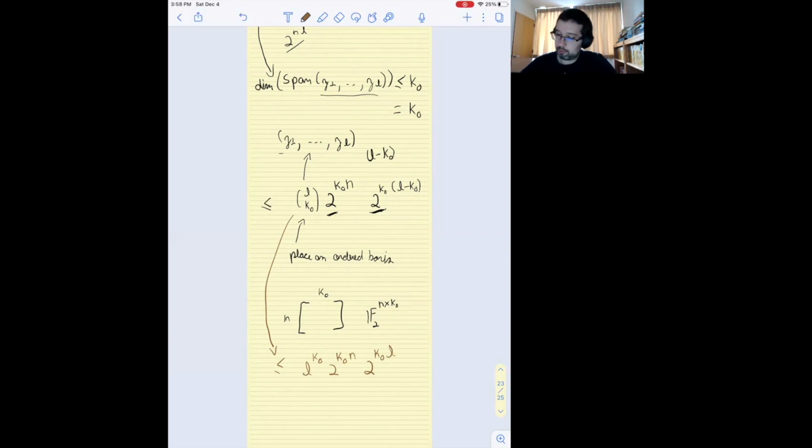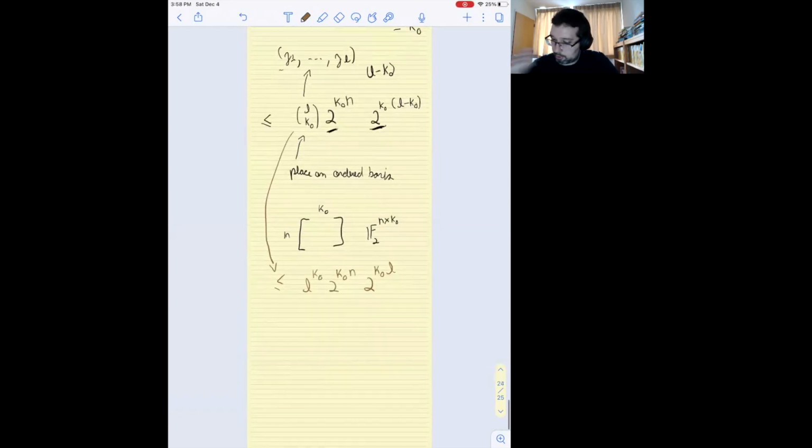So instead of analyzing dimension 0, 1, all the way to K0 in the total count, it suffices to multiply this by, let's say, n plus 1. You need to consider all smaller dimensions, but it would be enough to just overshoot and say that we are summing this much. And this looks a bit promising, right?